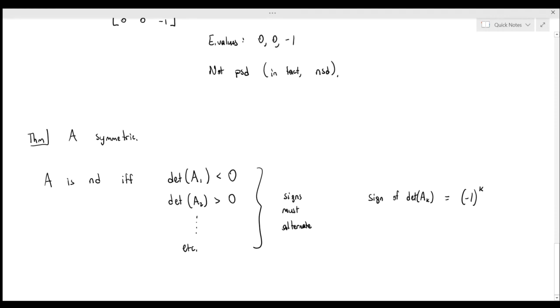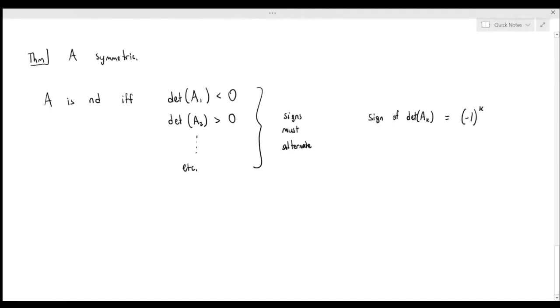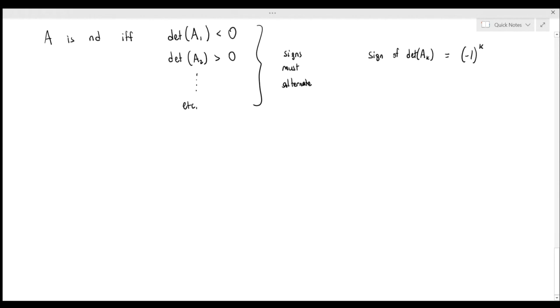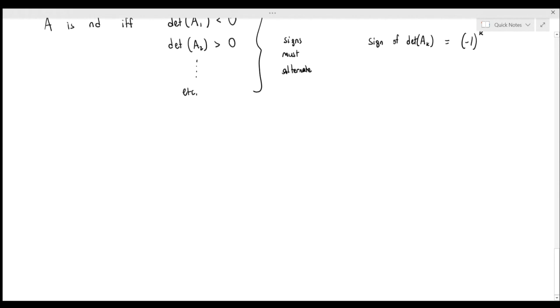But I don't think that's as important. I feel like positive definite matrices are more important than negative definite matrices. They come up often in some applications, so that's why they are important.